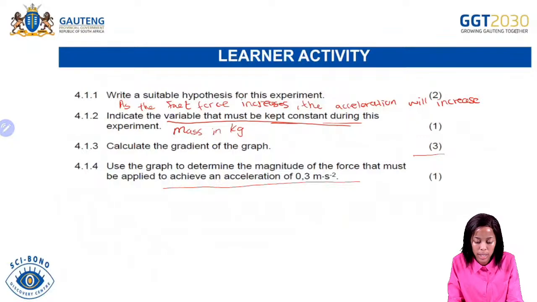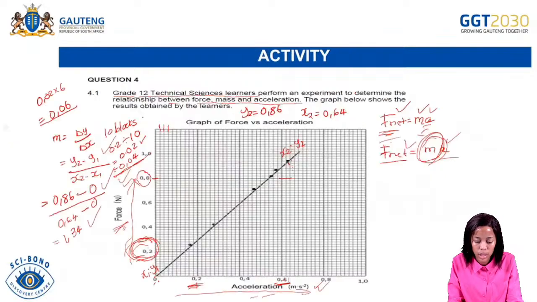So we are looking for the magnitude of the force. And then for the magnitude of the force, what is it that we are going to do? So it said given an acceleration of 0.3. So it means that you would then have to find out where your acceleration is there.